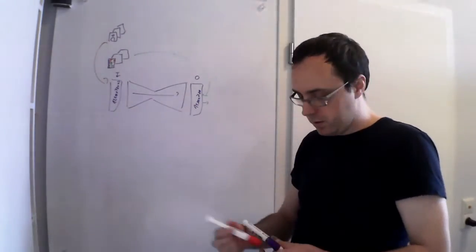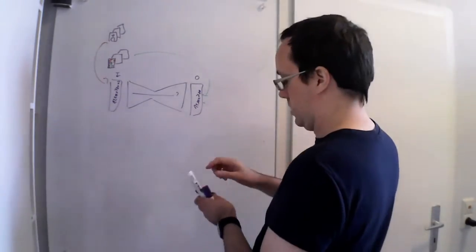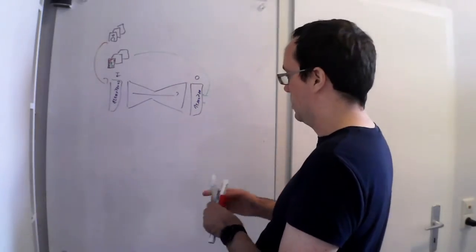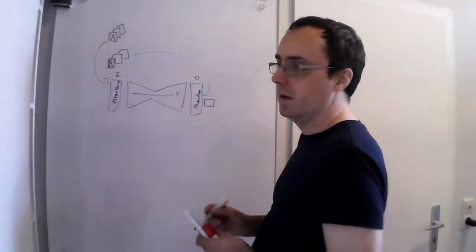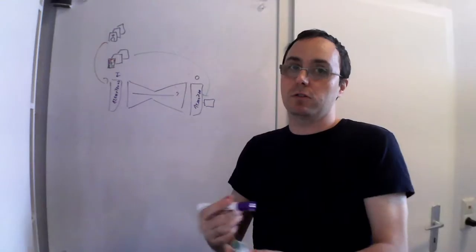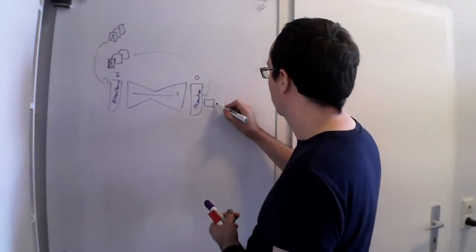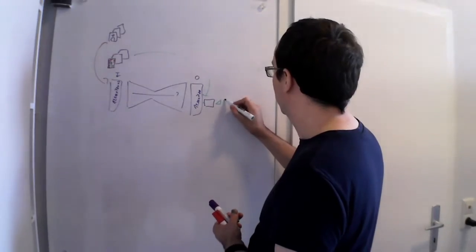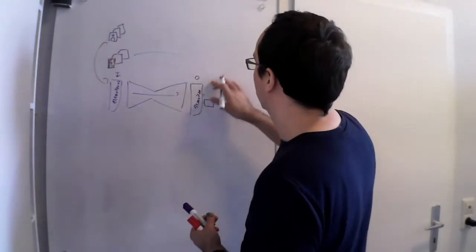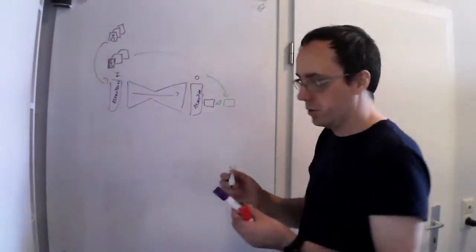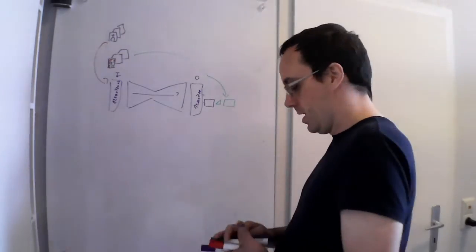So here we get an image of the output, and of course in the beginning it's just noise, and then we compare it with our well-known existing output.